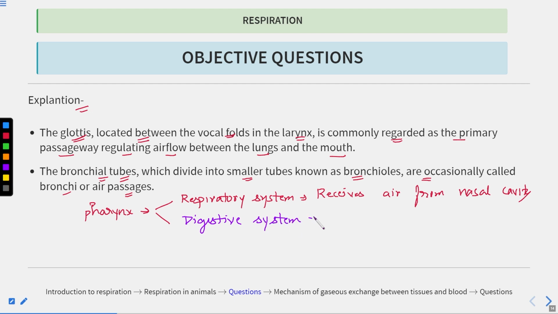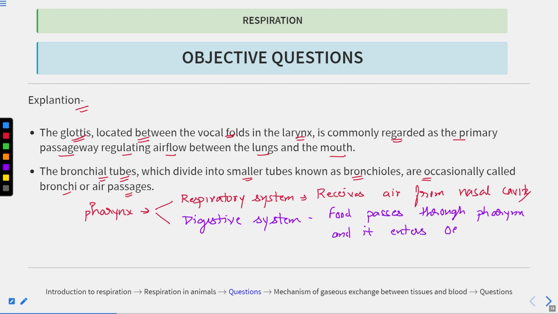The food passes through the pharynx, and then it enters the esophagus.